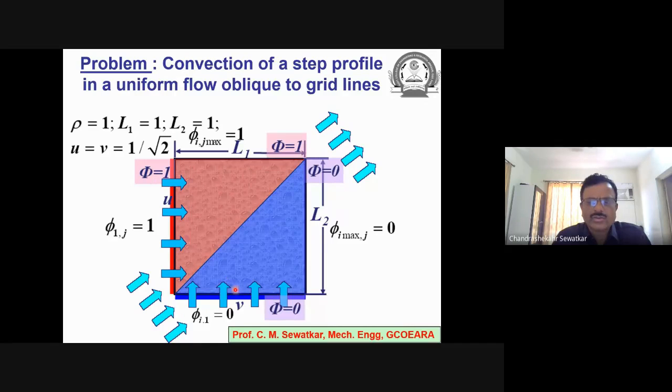And these are convecting some variable which is called phi, and its value on this boundary is 1, on this boundary is 1, here it is 0, and here it is 0. So phi is being convected. How will it be convected? How will the distribution look like? That's what we want to understand. So our objective is to find out the variation of phi as a function of x and y.